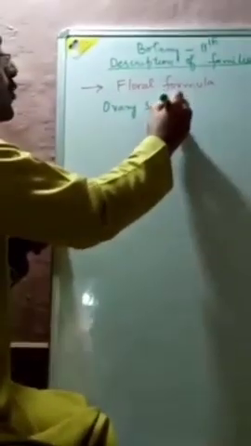If the ovary is superior, that is all other whorls are below the ovary, that means the ovary is above and all the whorls are below this ovary, how do we symbolize it? It is symbolized as G with a line above.